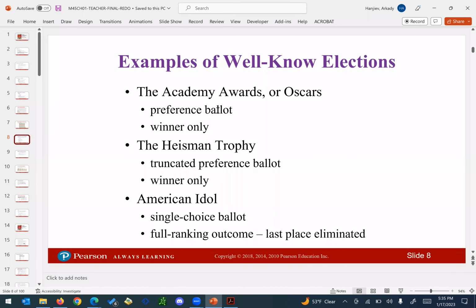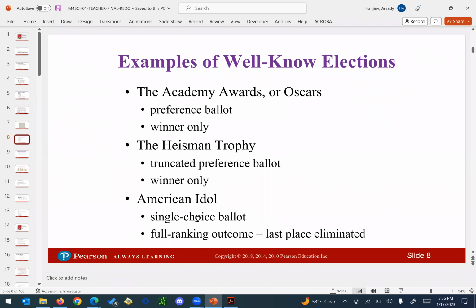Now, the Heisman Trophy winner, if you guys are into football, that's exactly how it's done. It goes to coaches, it goes to TV announcers that have a really good understanding of football. It goes to all those, and it's a truncated preference, which means you pick the top 3 or the top 5 candidates. And from there, they do this counting system. And American Idol. That one is a single choice ballot.